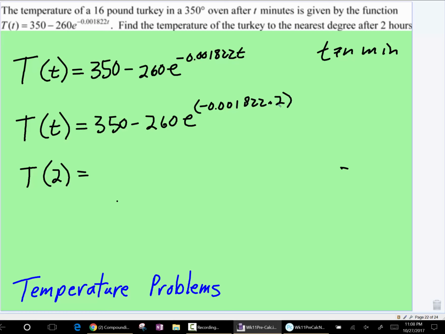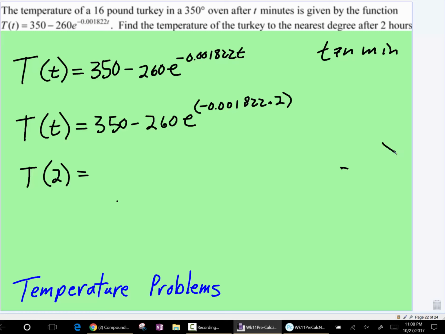And you can type that into a calculator. So 350 subtract 260 times second ln negative 0.001822 times 2.